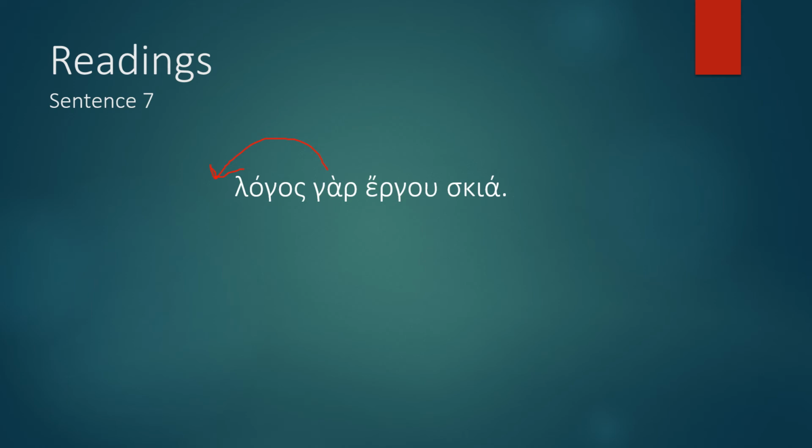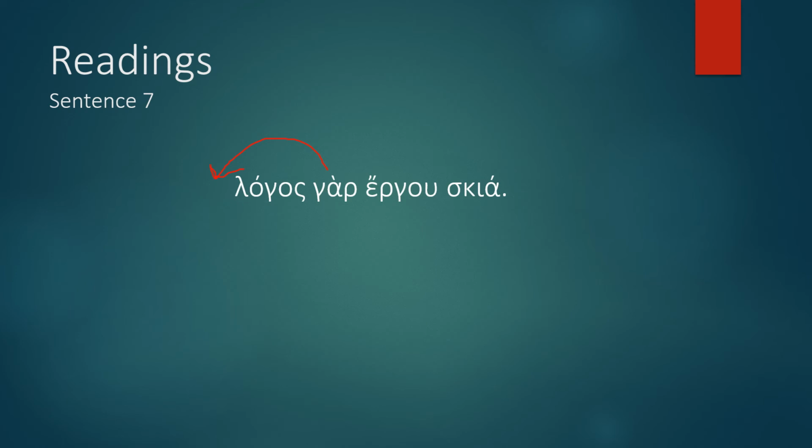Ergou, we have genitive singular, and we could take it, I guess, with either logos or skia. I think I'll just take it with what is closer. If in doubt, try proximity.